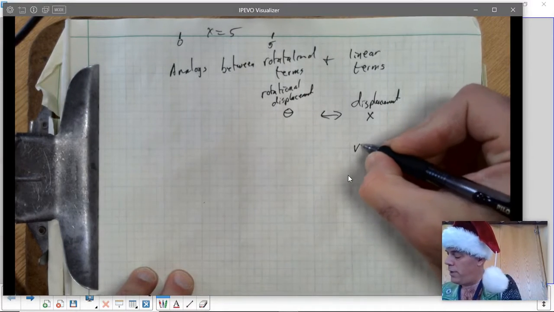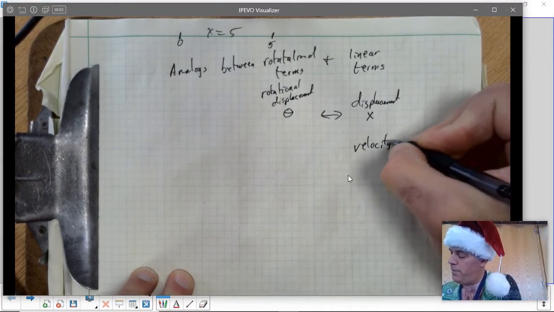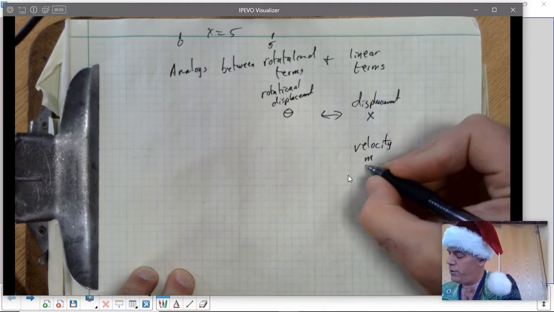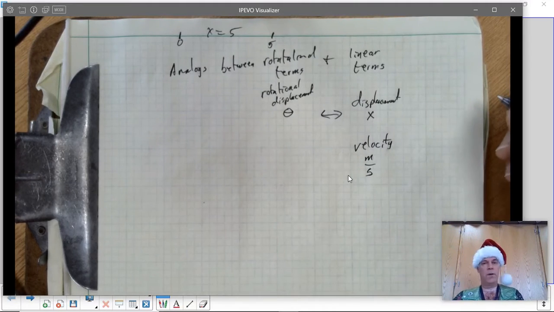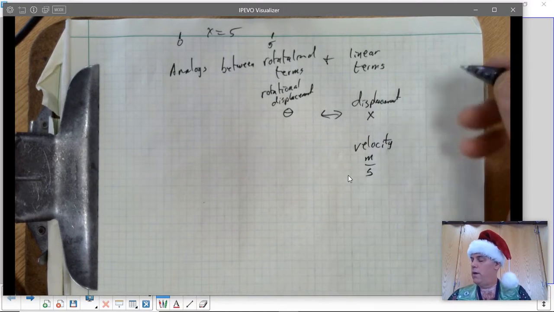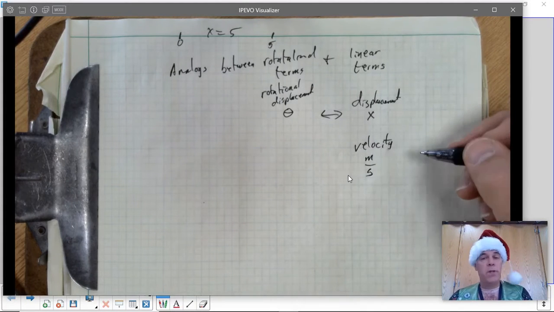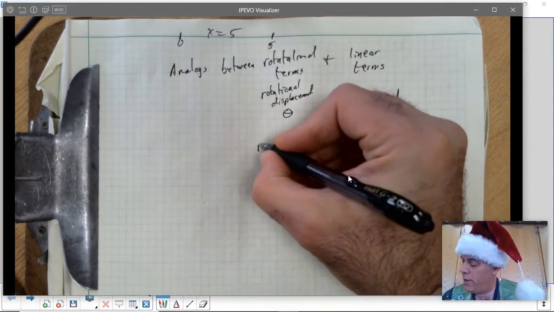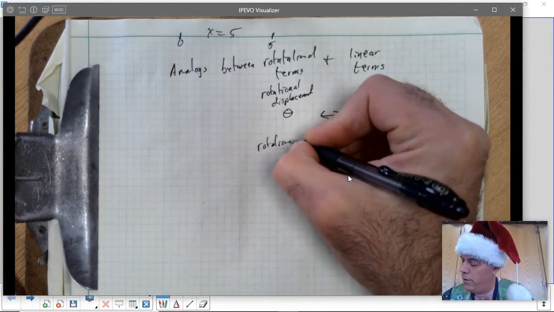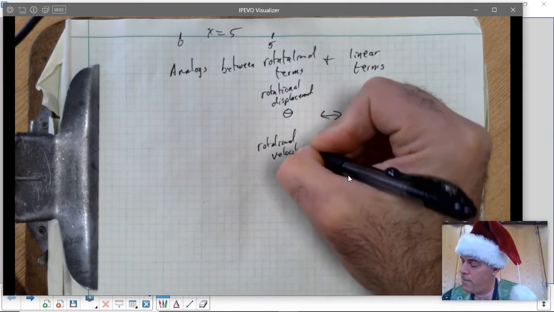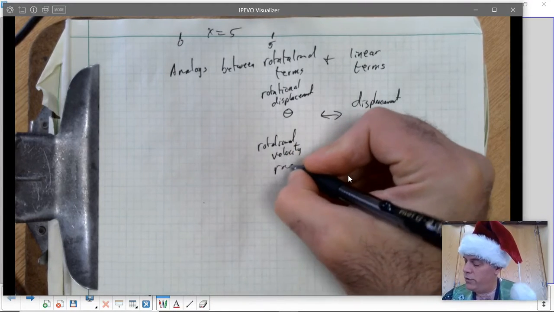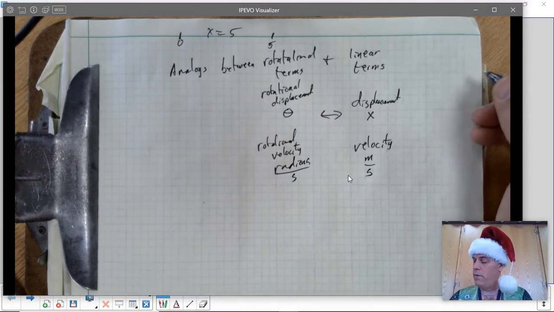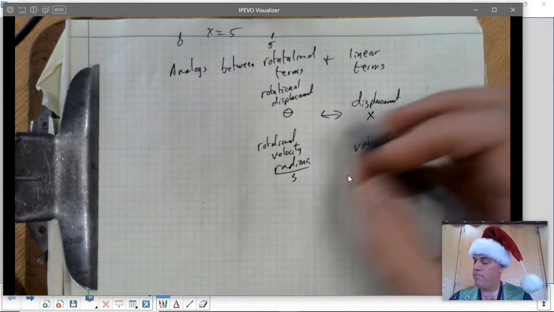Okay, velocity or speed is meters per second, which is displacement divided by time. Rotational velocity is in radians per second. Okay?